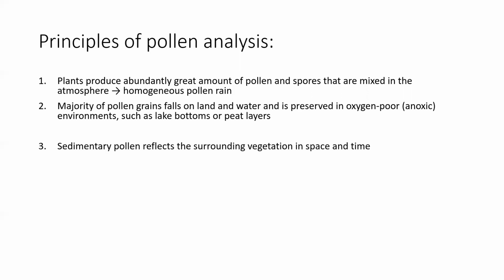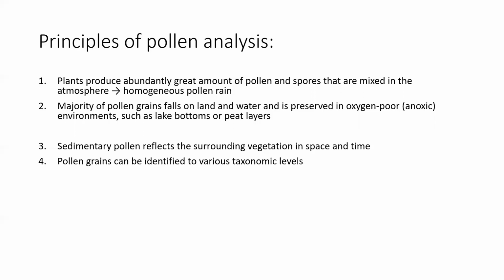Then one important thing to keep in mind is that the pollen from a certain sediment layer reflects the surrounding vegetation in space and time. So basically it means that the pollen in the sediment record reflects the vegetation that has been growing around the site at the time of the deposition.